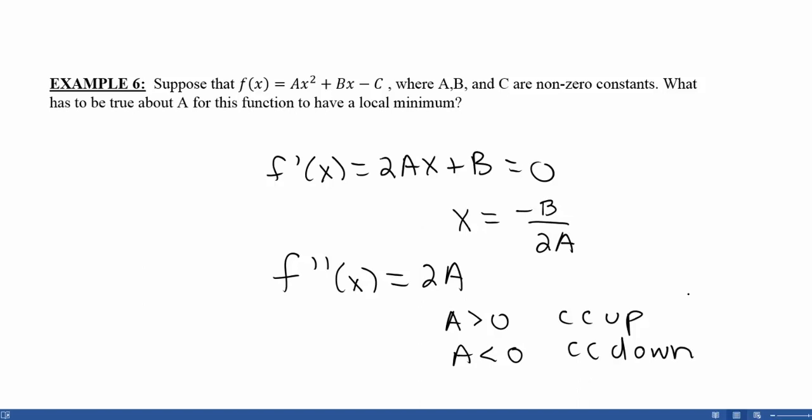Here, we want to know what has to be true about a for this function to have a minimum. So if this function is to have a minimum, we would need the second derivative to be positive so that the original was concave up. So a would have to be greater than 0 in order for this function to have a local minimum. And then we also know that it's going to happen at x equals negative b divided by 2a.